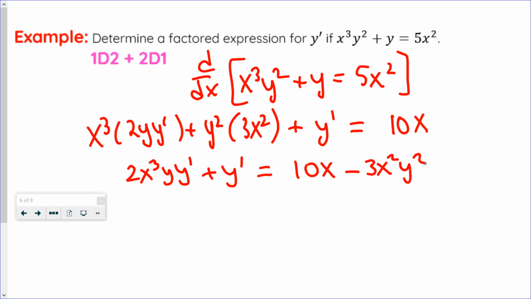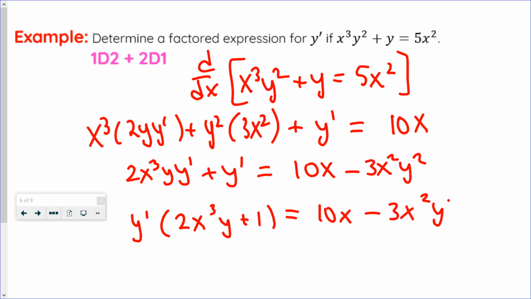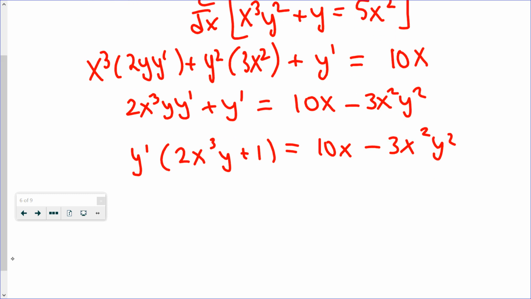Okay, on the left-hand side, I'm going to factor out a y prime. In doing so, I'm left with 2x cubed y plus 1 equals 10x minus 3x squared y squared. So now to solve for y prime, I can just divide by what I've multiplied it by, which is 2x cubed y plus 1, and I do that to both sides to be fair.